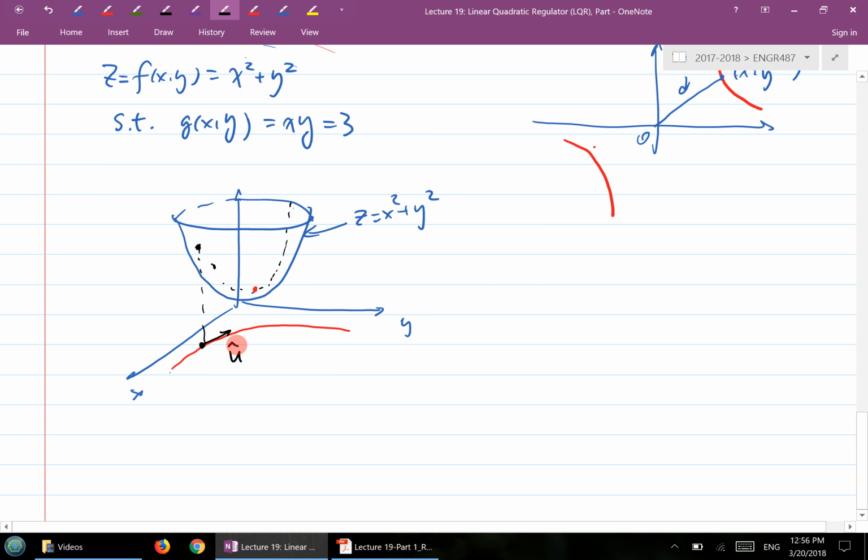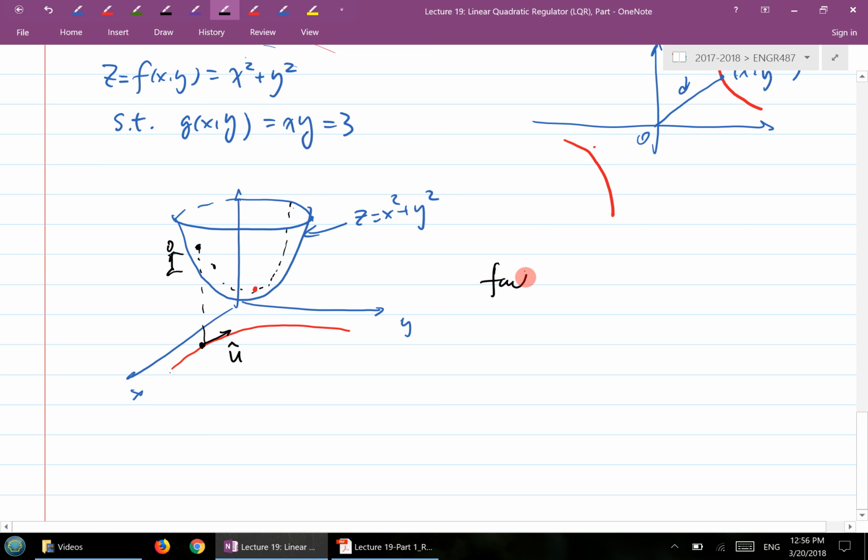As you're moving in the direction u hat, you can imagine that this person on this surface will also be moving up and down, right? And you also move down here. So there are a few facts here.